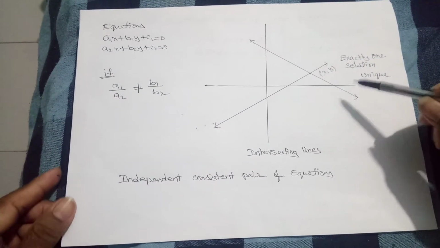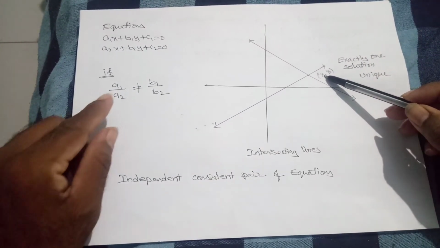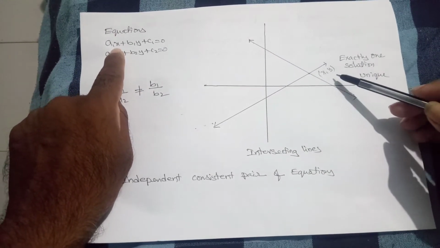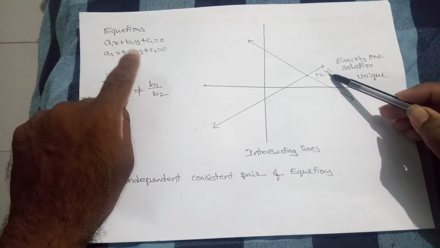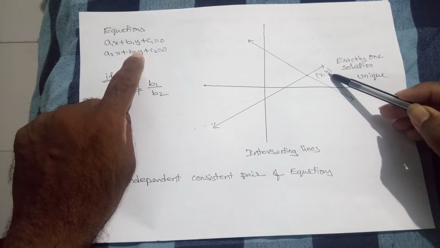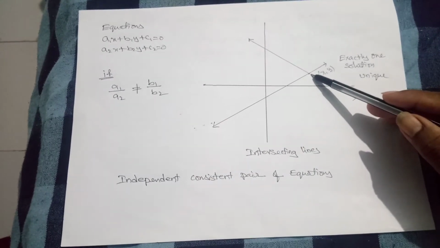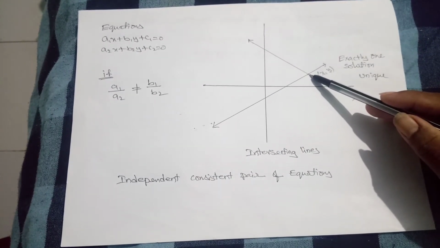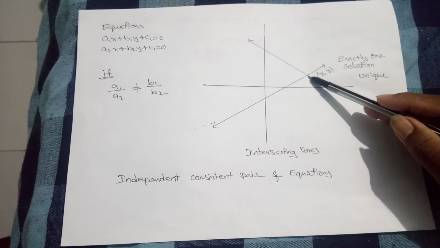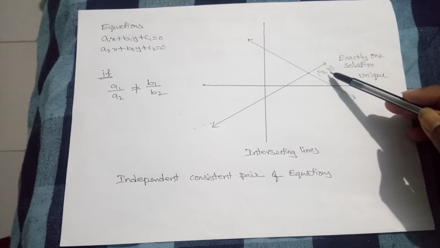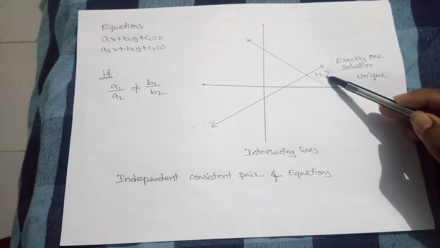Therefore x refers to the value of x in the equation, and y refers to the value of y in the equation. So x comma y is the point of intersection in geometry, but x comma y is also a solution of this equation.